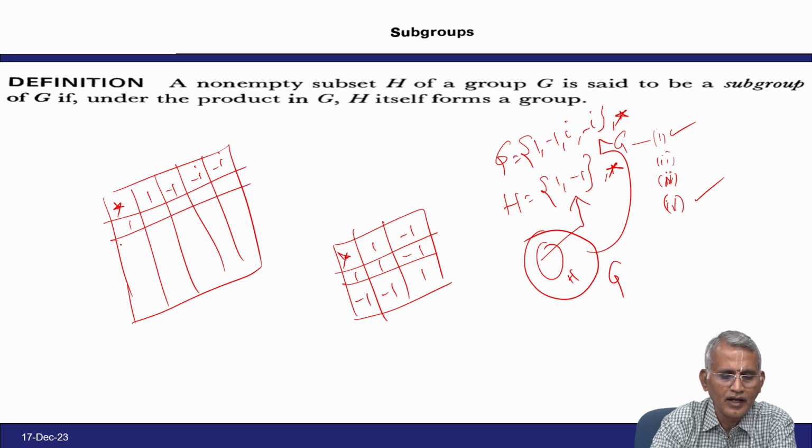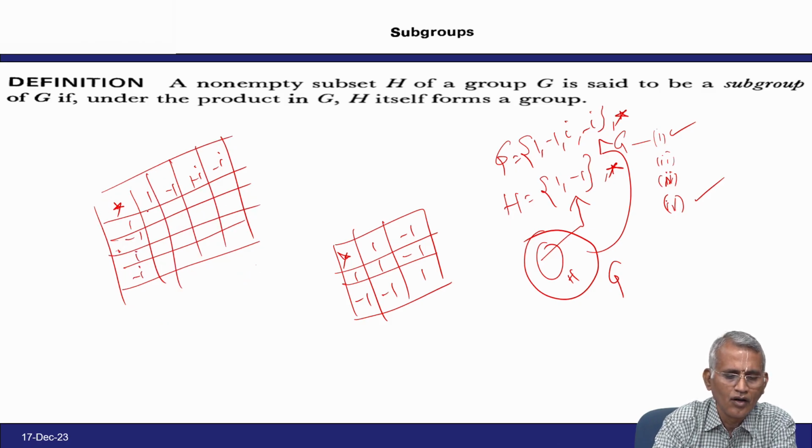Now we have the Cayley table of 1, minus 1, i, minus i, where i squared is minus 1.